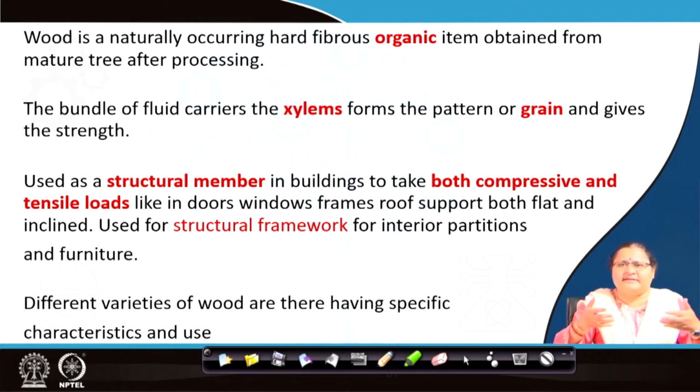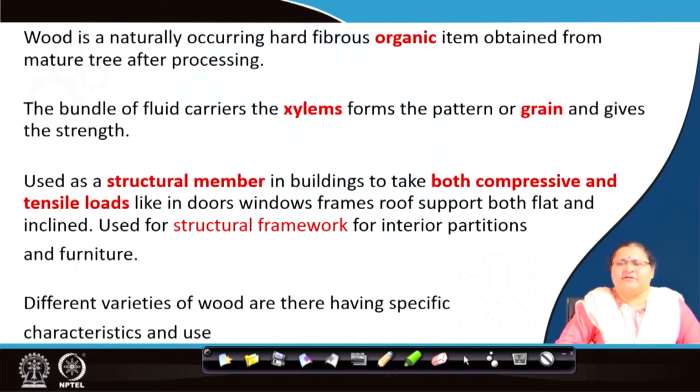The continuous bundles inside help in taking the tensile load. So, wood can be used as a spanning material and as a compressive material. It can be used as a structural framework for making partition walls, where the infill may be made of plywood, which is again another processed wood.